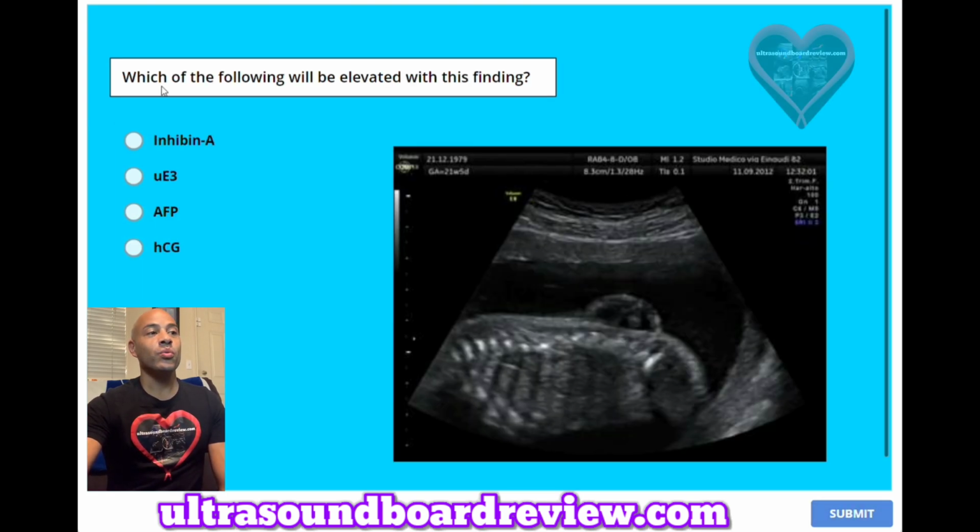Question 6. Which of the following will be elevated with this finding? A. Inhibin A, B. UE3, C. AFP, or D. HCG?